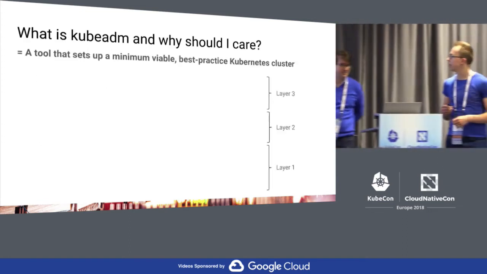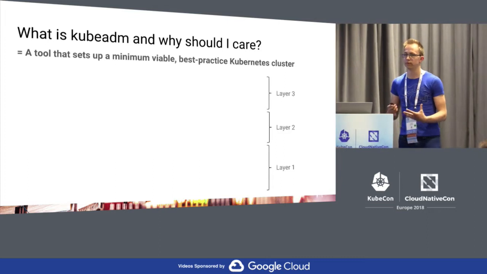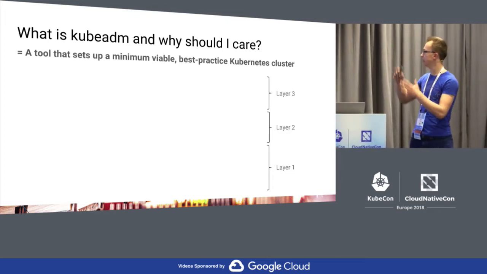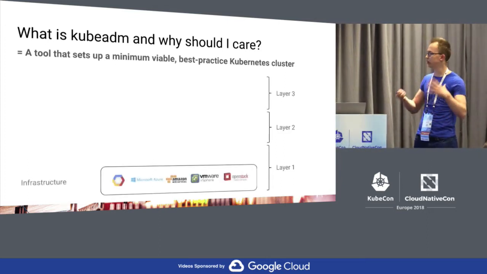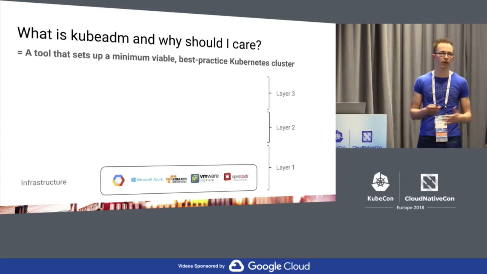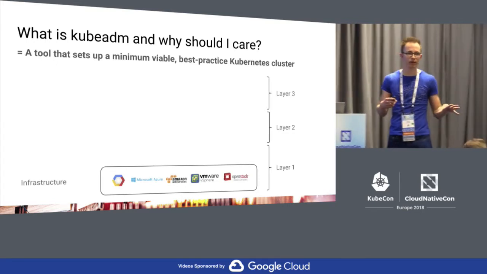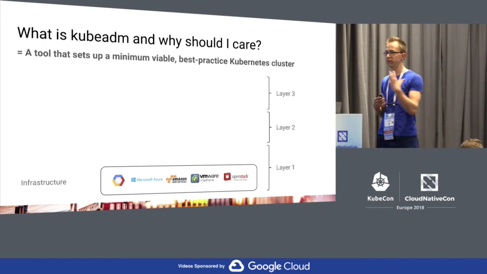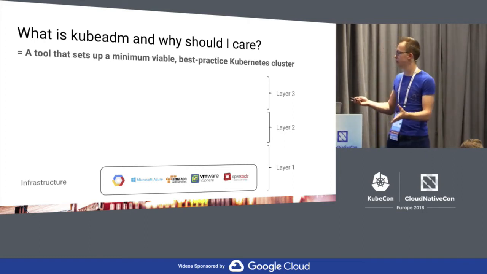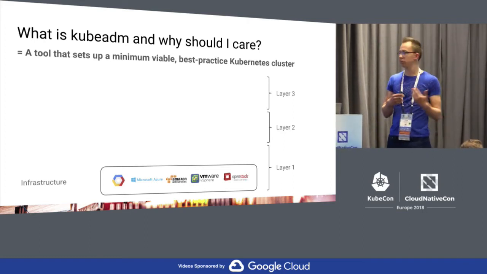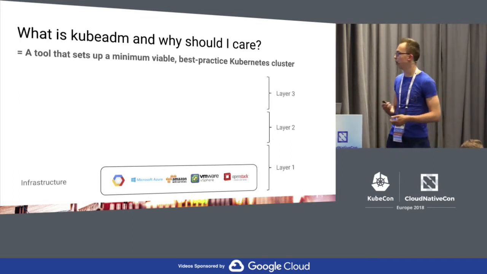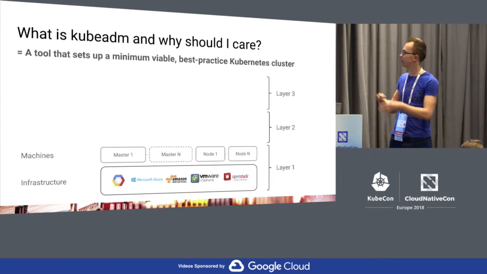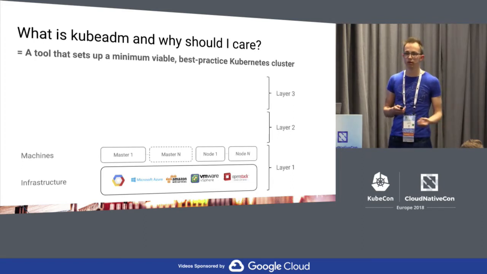So here is a diagram of what this all looks like. First we start with some kind of infrastructure, be it my Raspberry Pi stack at home, or my physical boxes at the office, or AWS, Azure, GCP, whatever, but somewhere where we have access to a couple of machines.